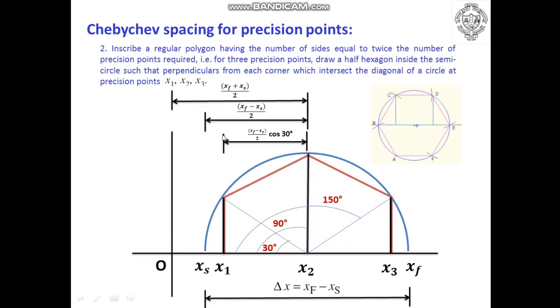As we have already studied, r is nothing but (xf minus xs) divided by 2. Why are we doing this? Because this distance is nothing but the projection of r, which is inclined at 30 degrees, on the x-axis, to get the distance between x1 and x2.